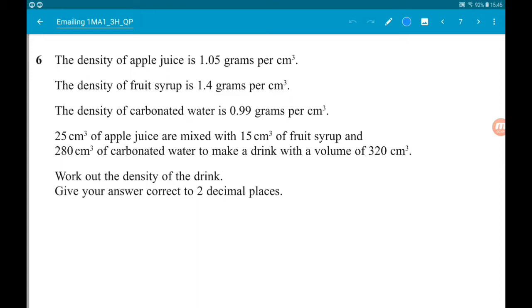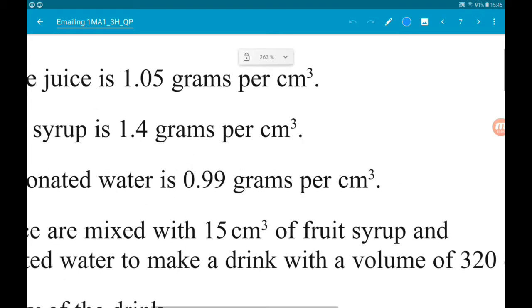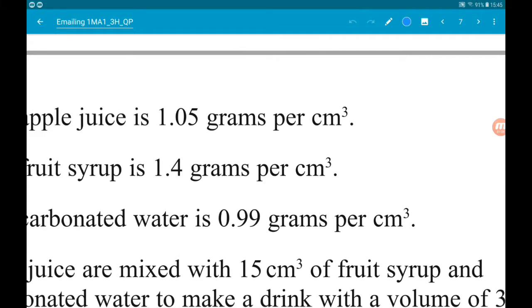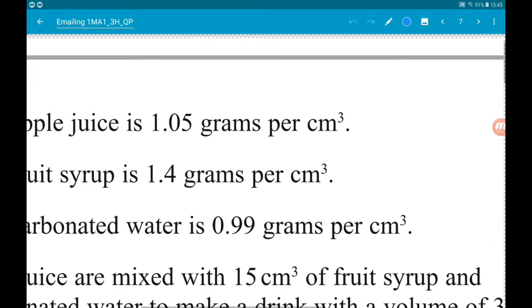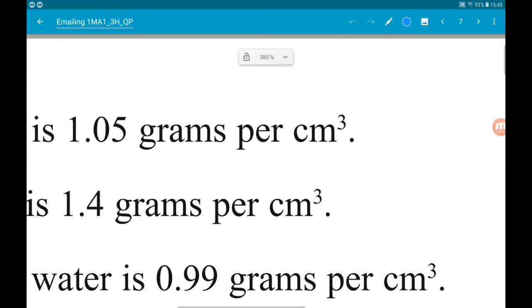Okay, so density, if you're still not sure, you're actually given the formula for density, it's just hidden. So when we have grams per centimetre cubed, that means grams over centimetres cubed. Grams is a mass, centimetres cubed is a volume.